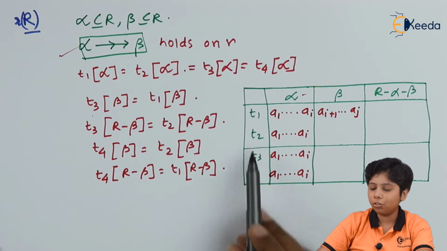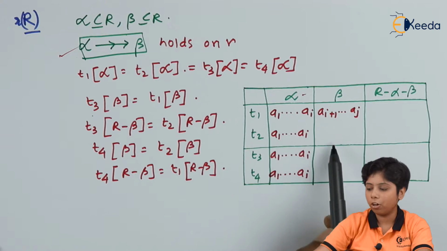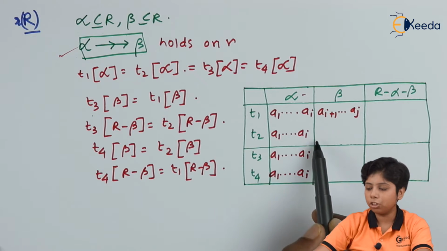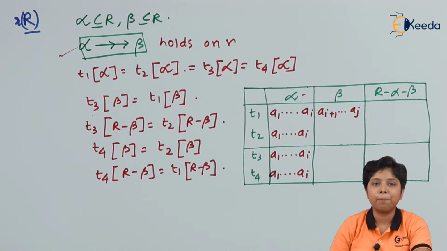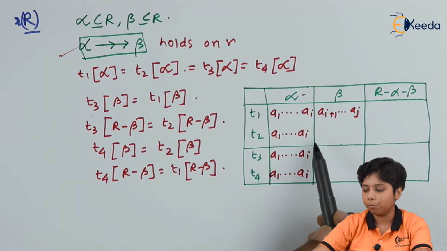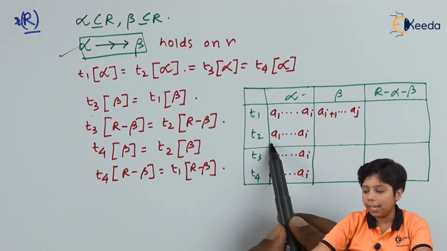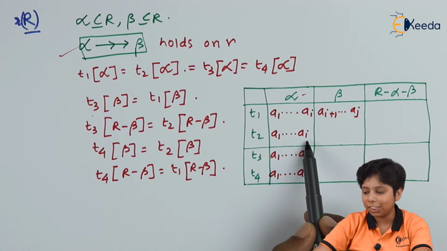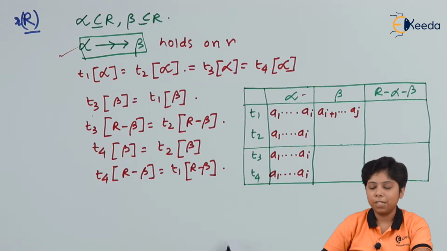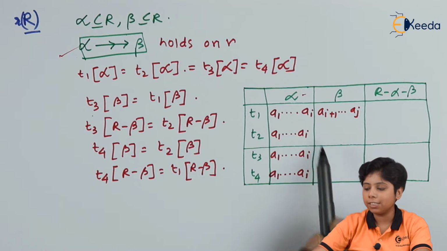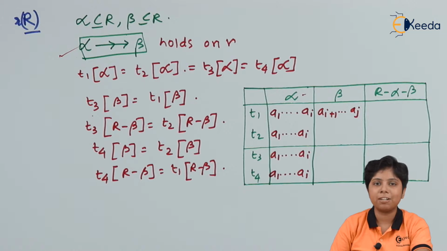Now for t2, we know that these two cannot be the same. So there should be another value, let us say B, which is starting from this one. Not the Ai that we have finished here, we are taking the B. So this Ai is not the starting part of this beta because the beta is not matched with Ai.